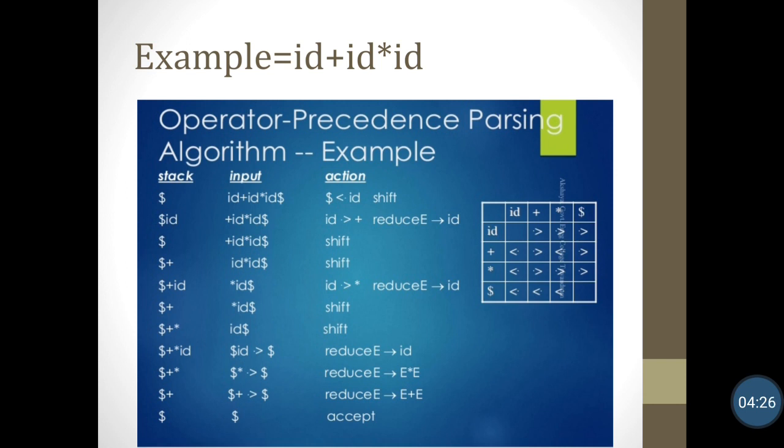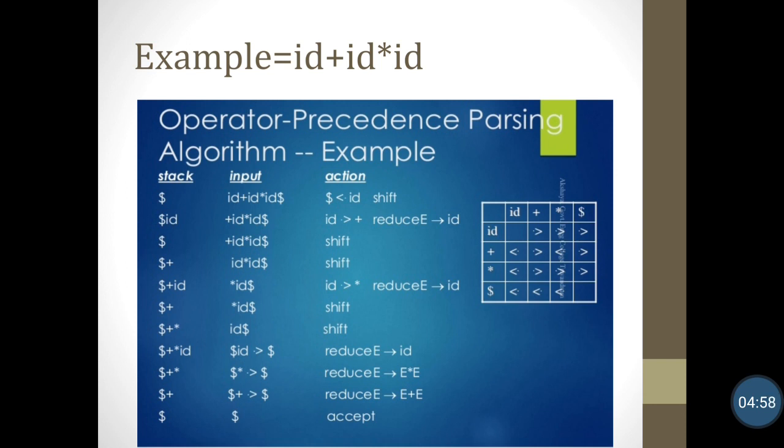We will enter one character of the string into the stack, and after that when we add the next character into the stack, if it has high precedence, then we will push that character into the stack, but if it has low precedence, then we will remove or pop the existing element in the stack.